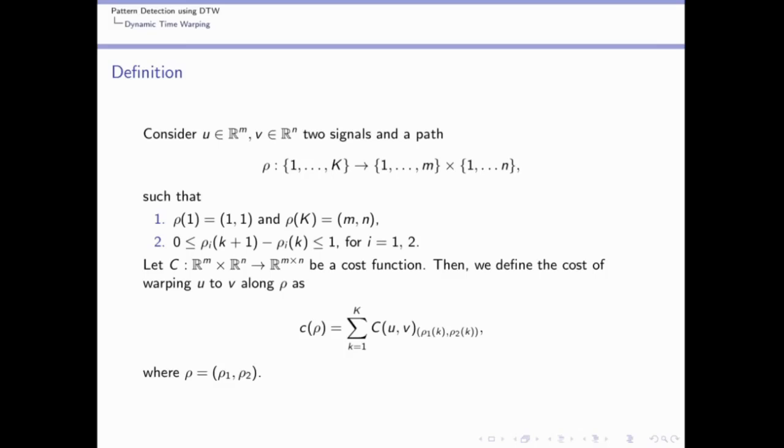So now we can define the cost of such a path. So the cost of warping U to V, given a cost function, is just a sum of costs of, you can think of distances between elements from U and V. And so we take them at the indices given by the path.